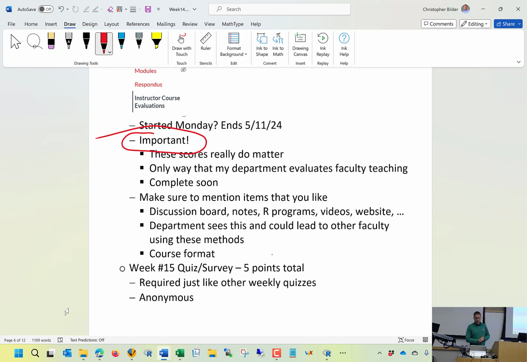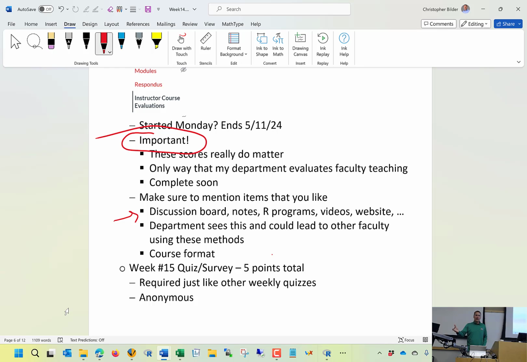So, for my own evaluation, the discussion board wasn't used a whole lot this semester, but if you liked the discussion board, if you liked having typed notes rather than, let's say, me writing on the board and you trying to keep up with my writing, I can write pretty fast, and trust me, you wouldn't be able to keep up. If you liked having these R programs, the videos, the website, make sure you mention this.